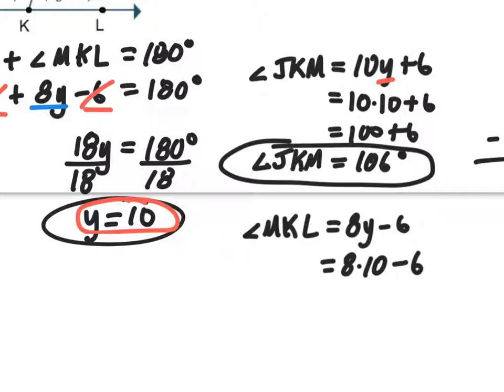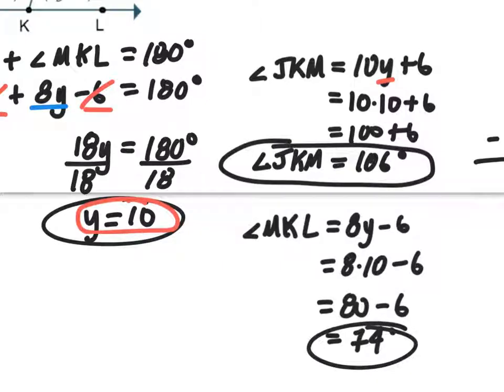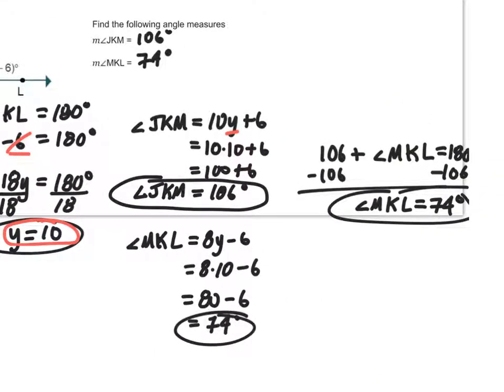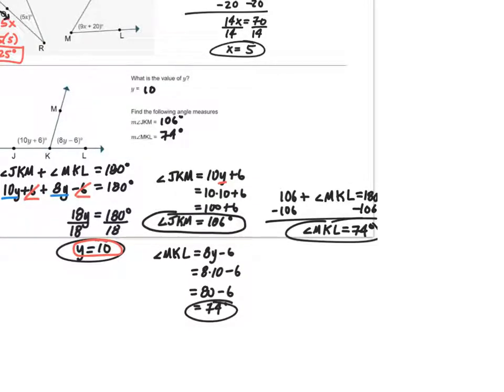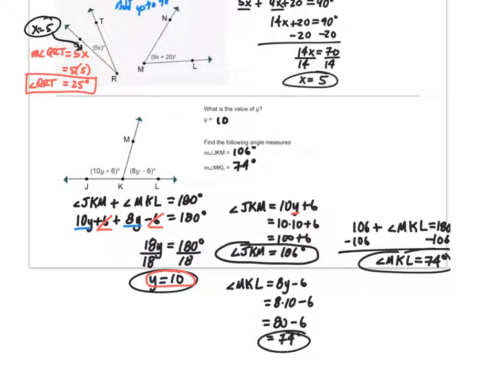That's going to give me a value of 80 minus 6, which gives me 74 degrees. It doesn't matter which way you do it, but it matters that you get it right. And that's the thing, guys. I can't just look at this and figure this out. This does require some work. So I do ask that you put some work into this.